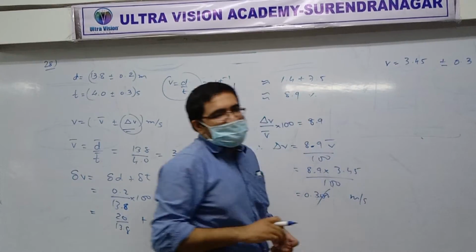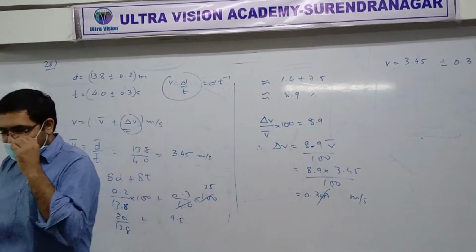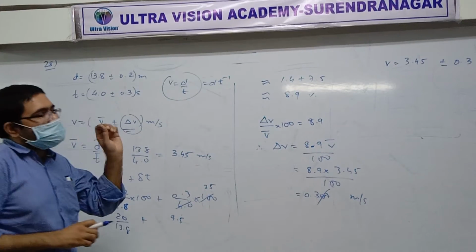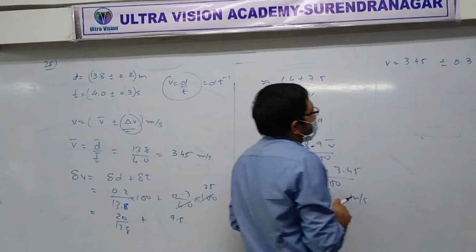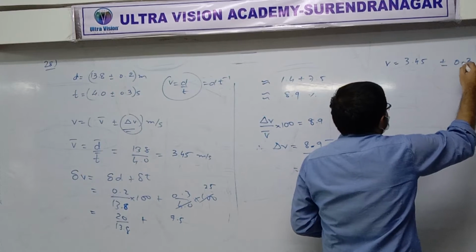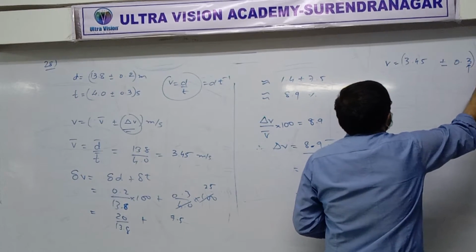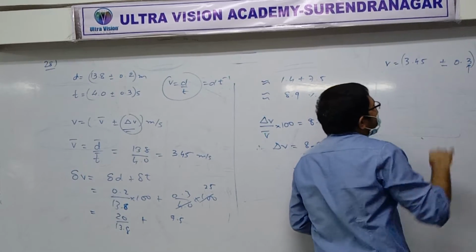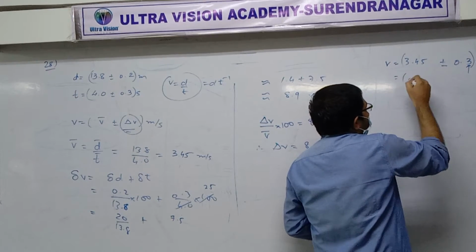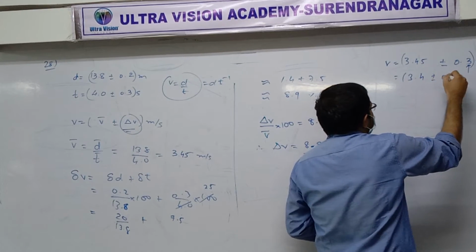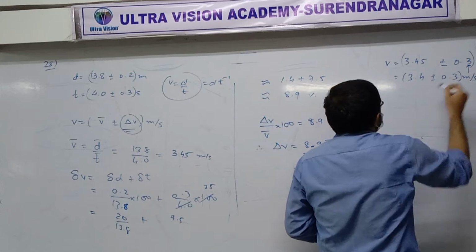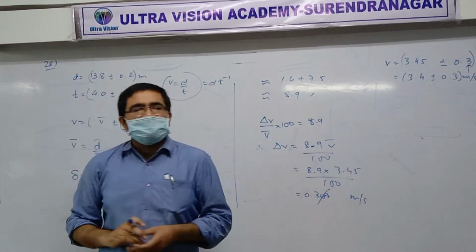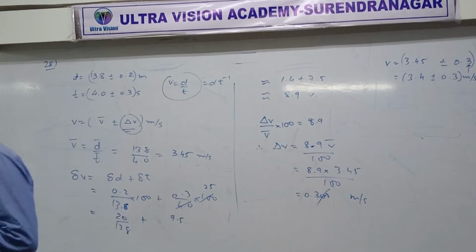Is that okay? To be very frank, this is not the most perfect way to write, and I'll tell you why. Because here we have the error in the first digit after the point, yes or no? But here we are writing two digits, so strictly speaking, the answer should be 3.4 plus or minus 0.3.